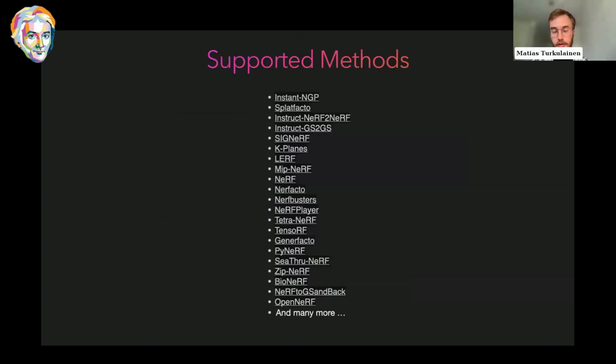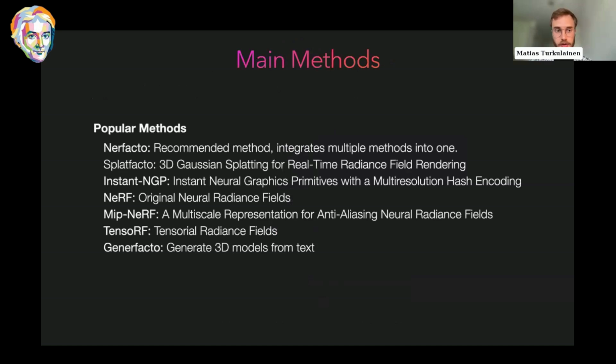Yeah, and the main meat of Nerfstudio is all the various methods it implements. And at the moment, there's a huge list of different integrated methods and third-party methods. So it's not possible to give an overview of all of them, but the main methods that Nerfstudio supports at the moment is this nerf-based model called Nerfacto, which is basically an amalgamation of different research papers into one nerf-based model.